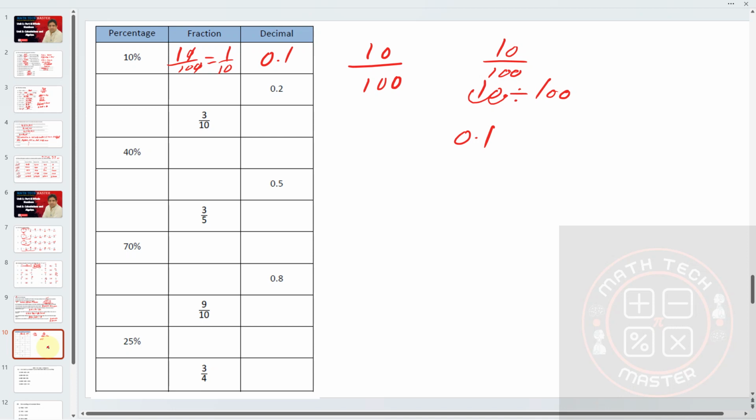Now in the second question, we have been given 0.2, the decimal, and we have to find the fraction and percentage. Okay, how difficult is it to find the percentage and the fraction from the decimal? We have a number 0.2.